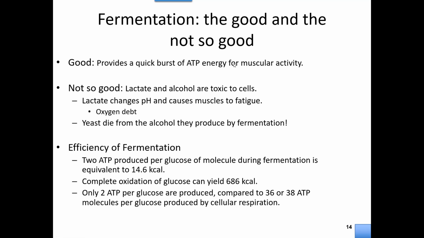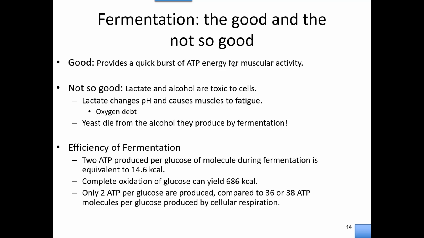The not so good part of the fermentation, that lactate or lactic acid or an alcohol that could be made, is toxic to cells. It's why if you do certain types of exercises and you are sore the next day, it's that your muscles were working because you told them to work, but they didn't have enough oxygen to break down glucose efficiently, so they had to go through fermentation.